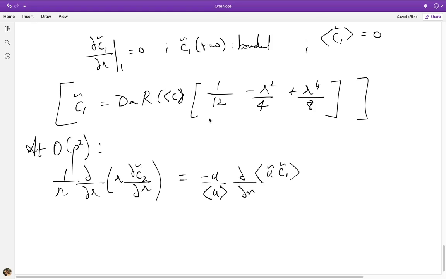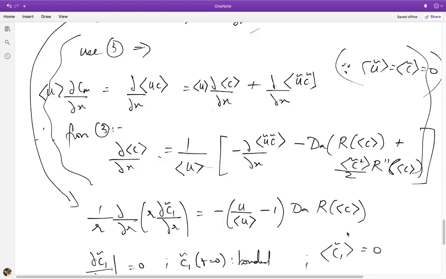So C1 tilde is coming from here at this previous order, plus u d/dx of again C1 tilde, this comes from the original equation, plus Damkohler number times R prime of C times C1 tilde. So you note here you get R prime here because you have not taken the average of this term.